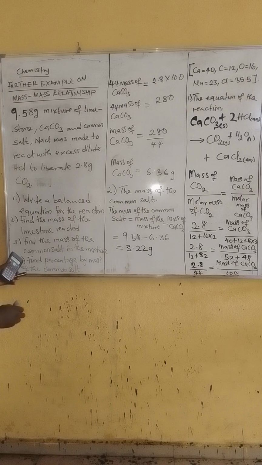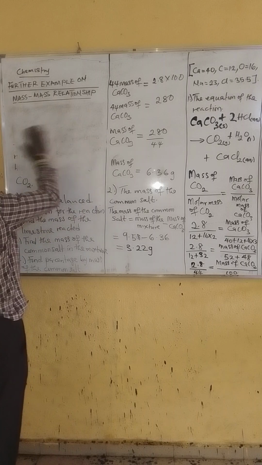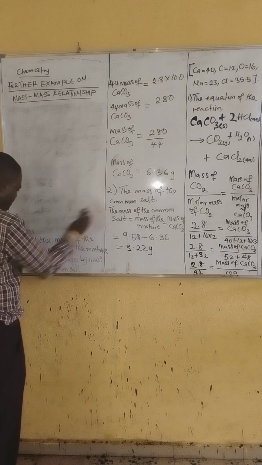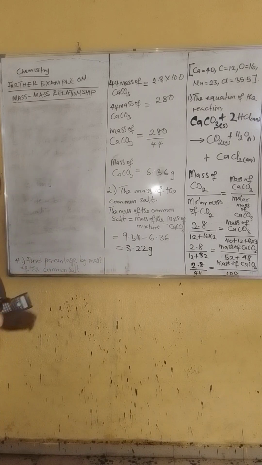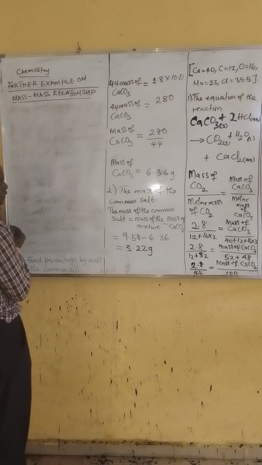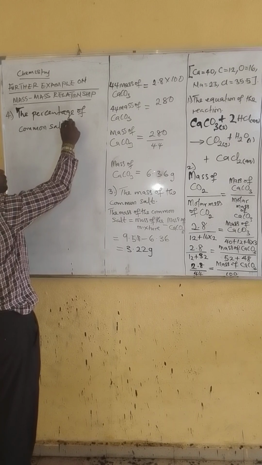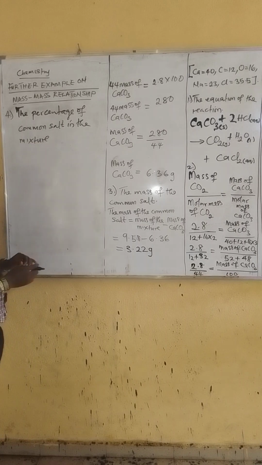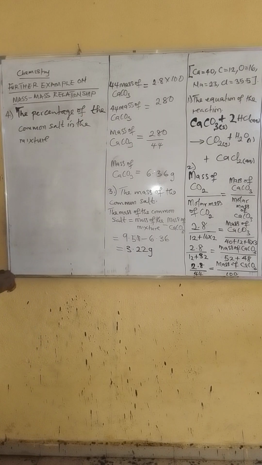Then to answer the last question, number 4, I take this part away. Now, number 4 is saying that we should find the percentage of salt in the mixture. Now, let's look at number 4. Percentage of the common salt in the mixture.